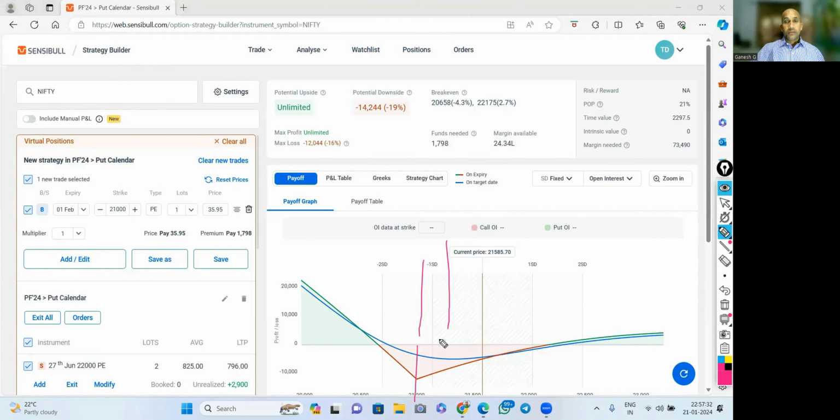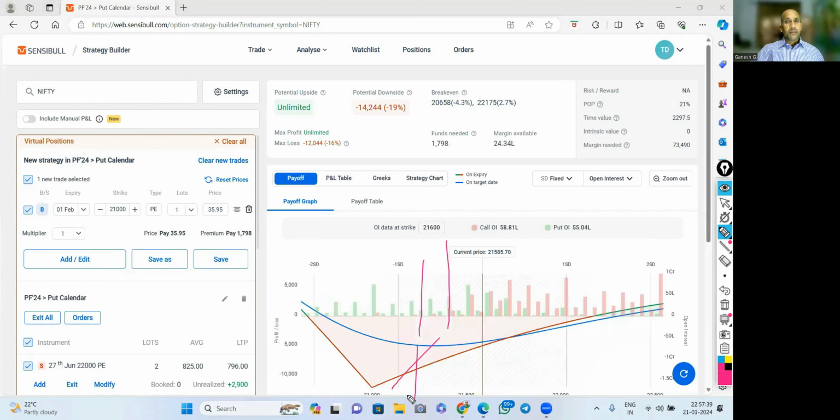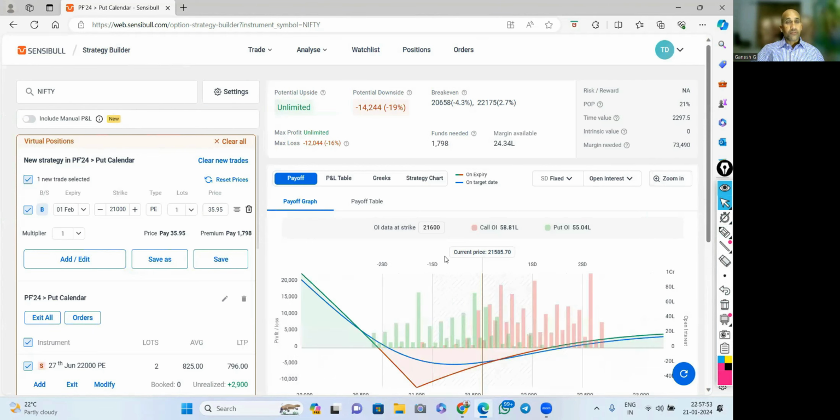Like this, you can manage. Maybe you are paying a premium of 1,000 rupees for hedging your strategy. You may be spending some amount like this for a downside hedge. If you fear the downside, obviously you can pay per month, maybe 1,000 or 2,000.